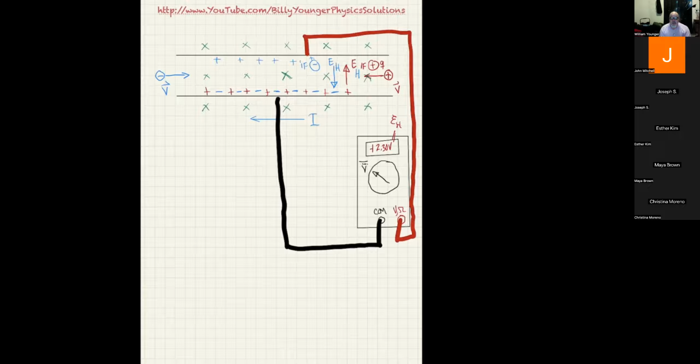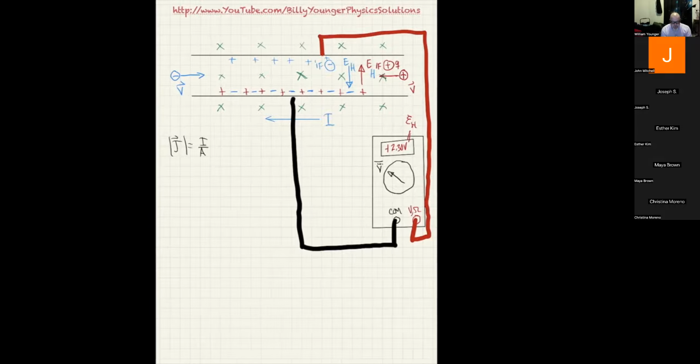In fact, what we found is that J, which was a vector, is equal to, in magnitude at least, I over A. So let me say J, the vector magnitude, is the current divided by the cross-sectional area of the wire, okay?